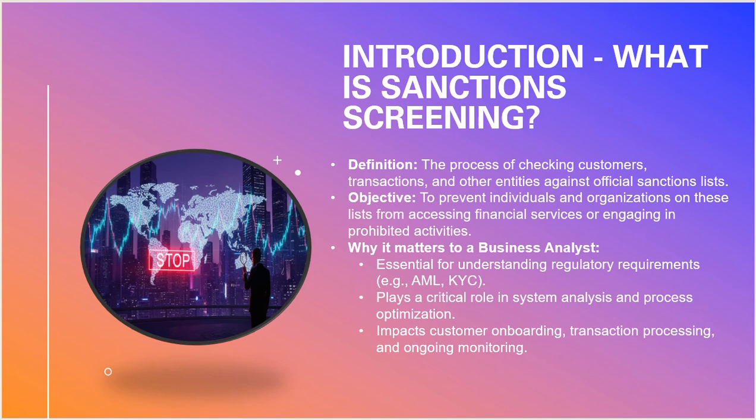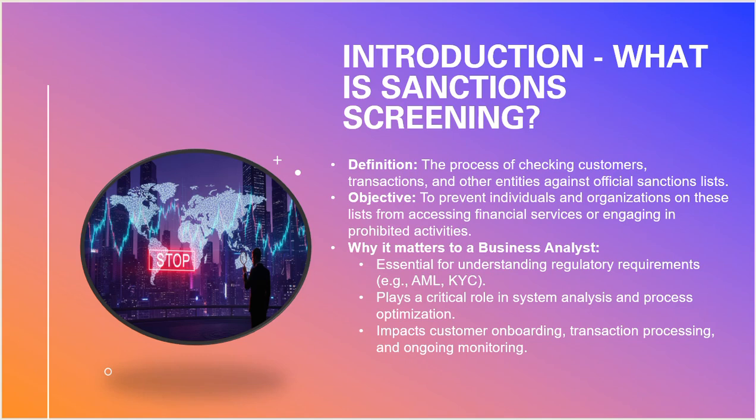So these customers are not able to do transactions, or they are prohibited from banking services. So sanction screening is the process of checking the customer and their transactions and other entities against that sanction list. This screening actually happens through software, and I'll name some software in upcoming slides.